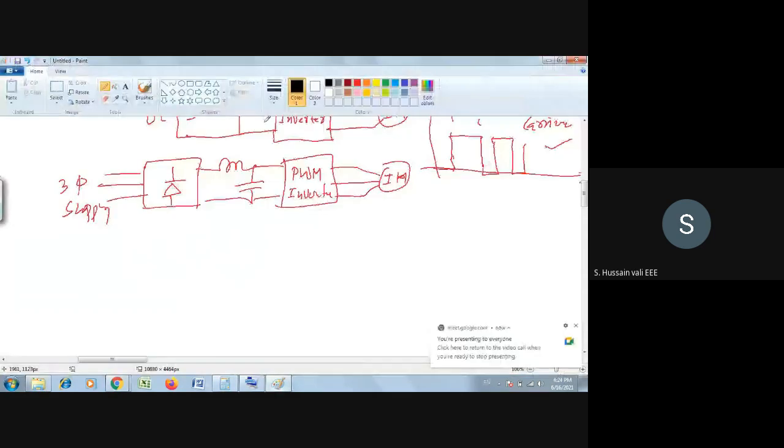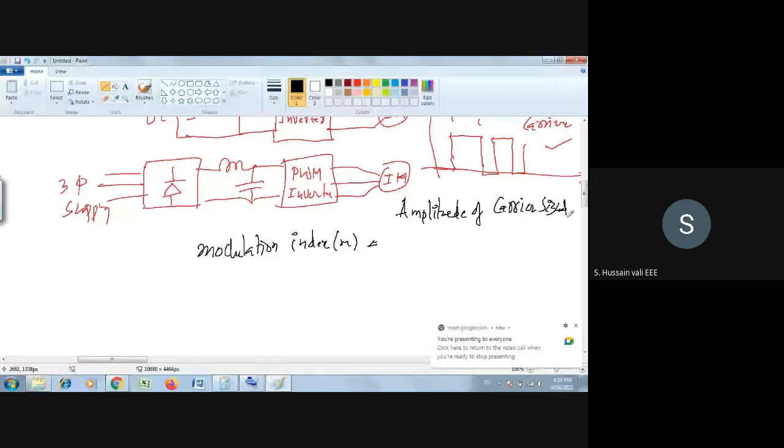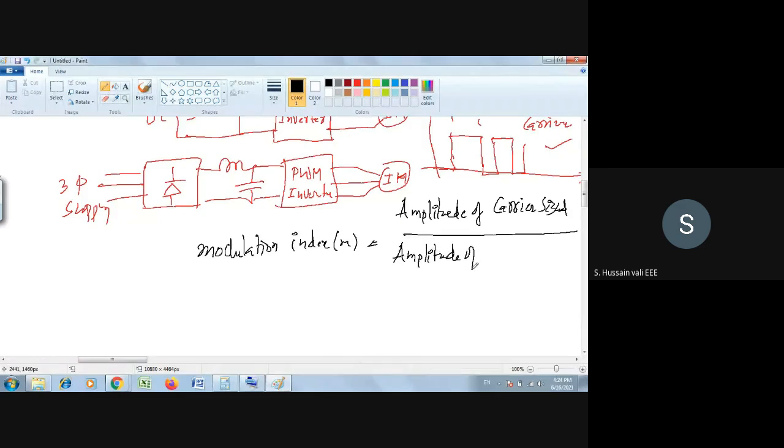So modulation index M is equal to the amplitude of the carrier signal divided by the amplitude of the reference signal.